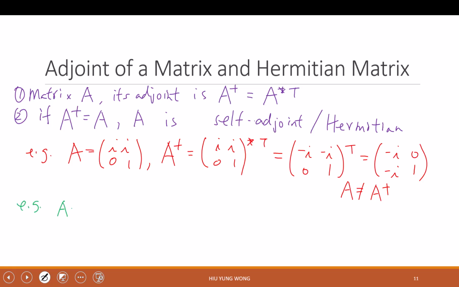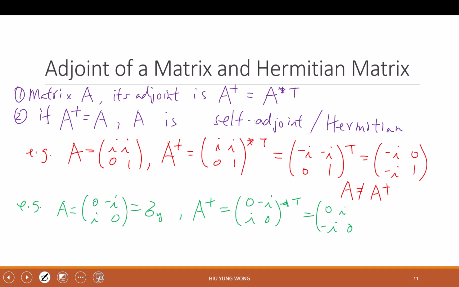A equals 0, negative i, i, 0, which is just sigma y, the Pauli matrix we discussed earlier. What is its adjoint? 0, negative i, i, 0, star, transpose. What is the complex conjugate? 0, i, negative i, 0.